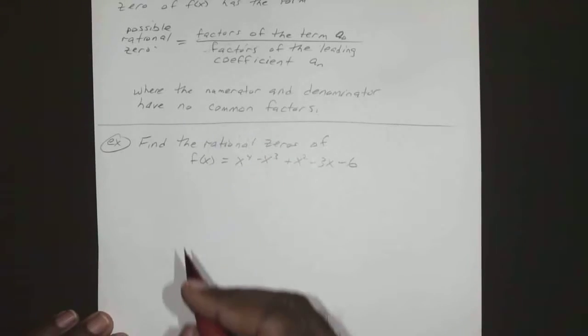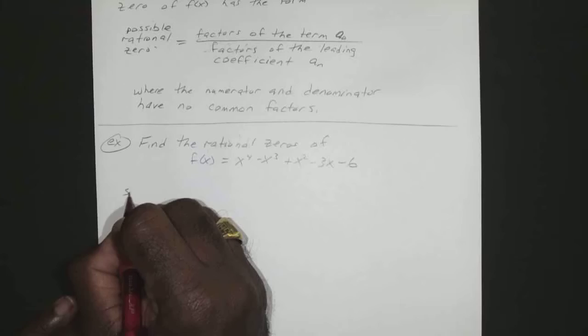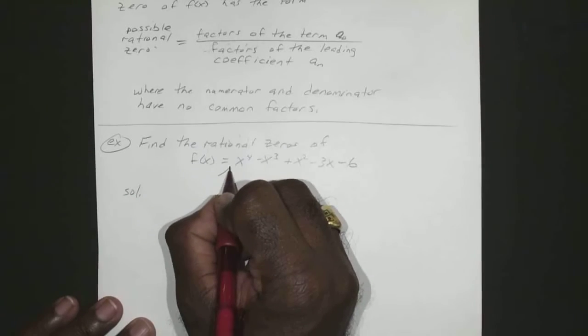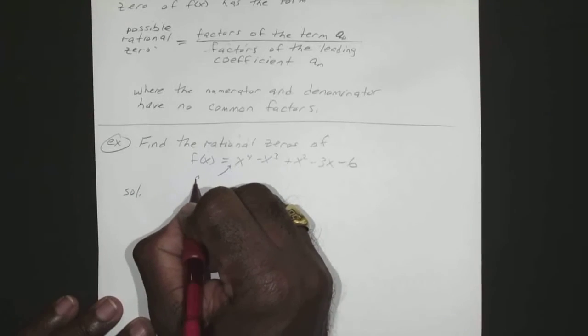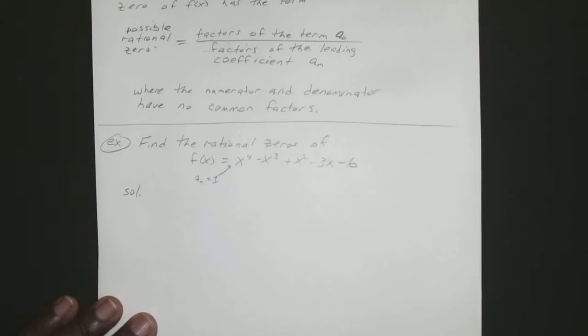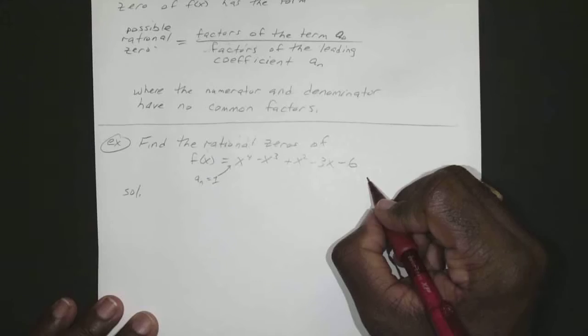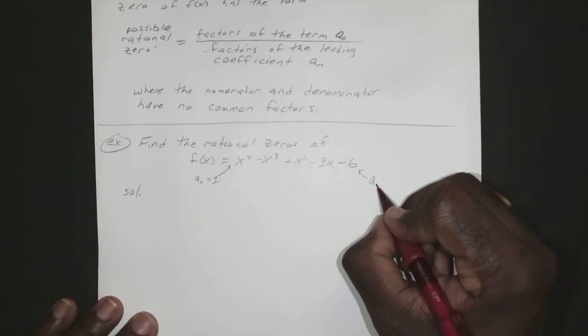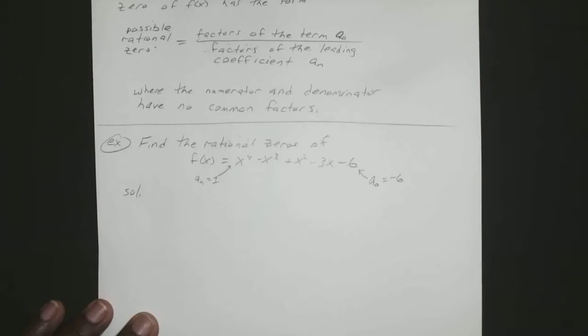For this one, your a sub n is going to equal 1. That's your lead coefficient. And your constant coefficient, a sub 0, is going to equal negative 6.